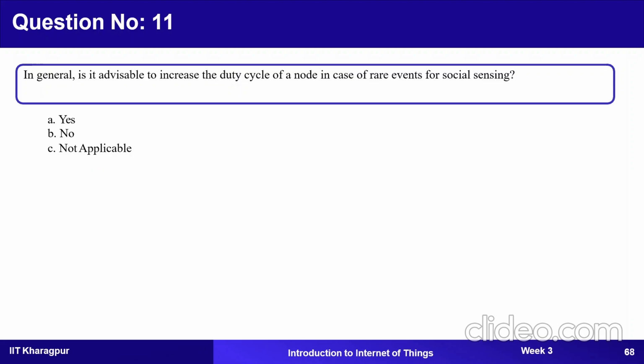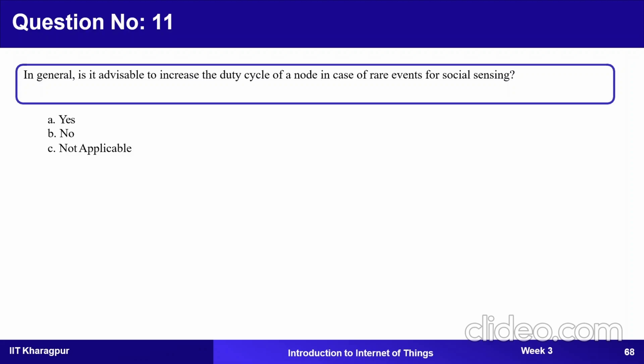Next question is, in journal, is it advisable to increase the duty cycle of a node in case of rare events for social sensing? Options are yes, no, not applicable. If we are going to increase the duty cycle, it means that we are keeping your sensor nodes awake for a long time, right?